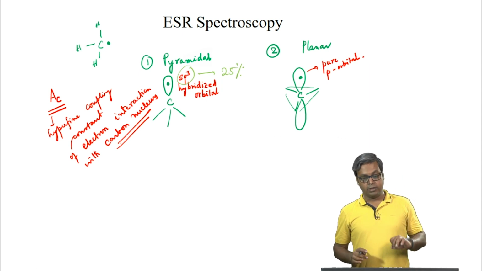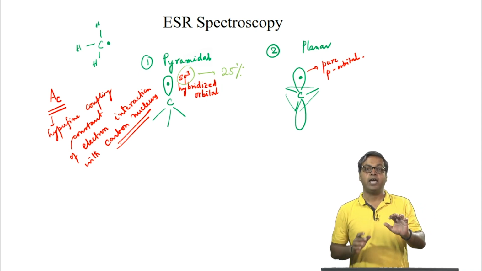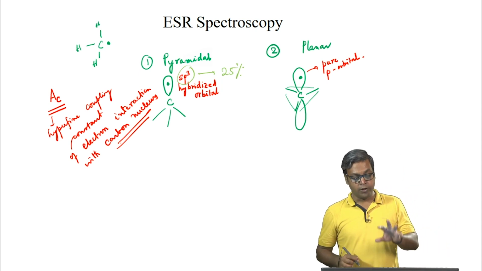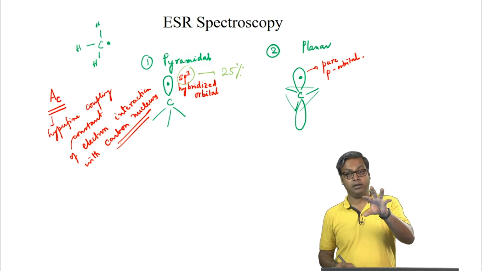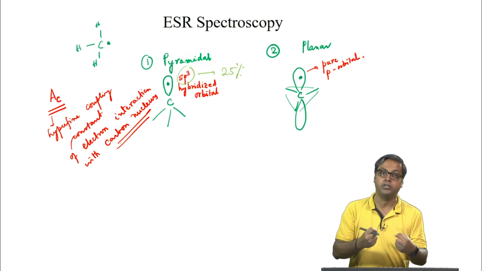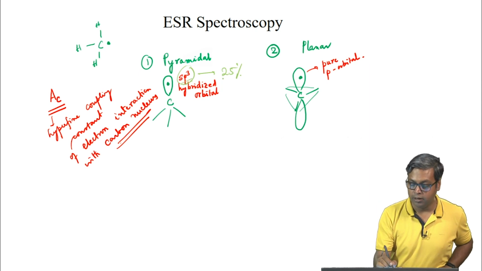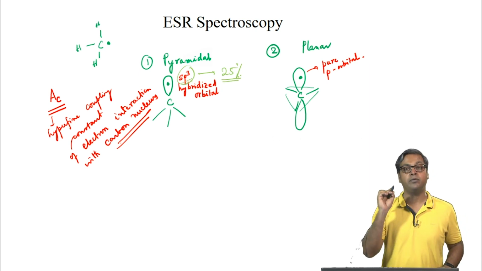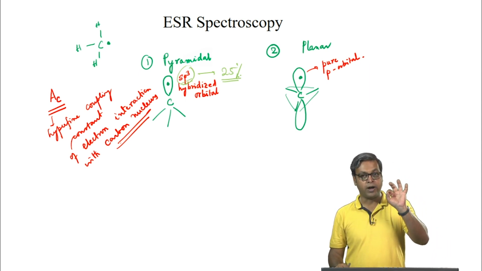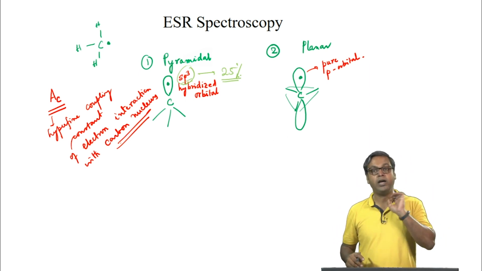So, that means the A C should have an appreciable value if the geometry is pyramidal, because if it is in an s orbital, then the electron spin can interact with a nuclear spin. That means the hyperfine coupling constant A is not 0, but has an appreciable value.